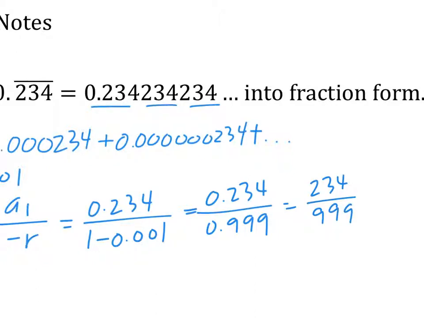If you put that in your calculator, you'll get 0.234234234 repeating. So that is the fraction to express this. And of course, you can simplify this. It's 26 over 111. So you never thought that you could change all repeating decimals into fractions, but now you can.